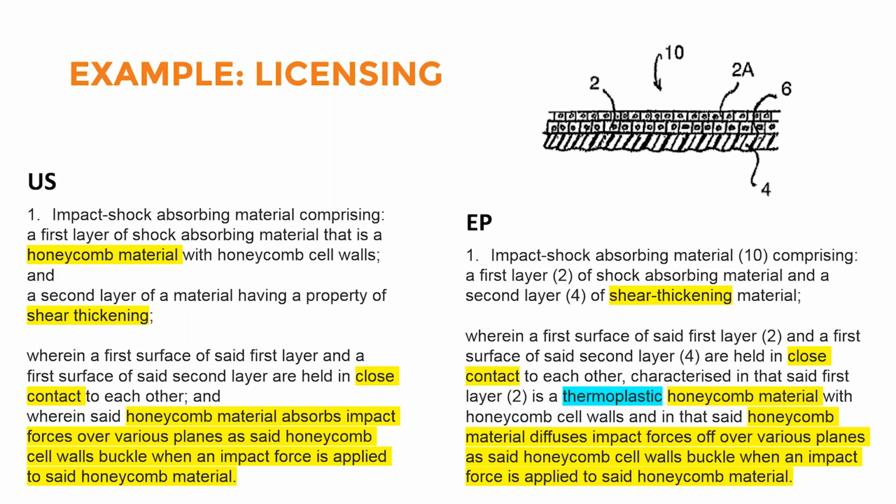So I take a look, read the US patent. All right, yep, I've got honeycomb material. I use a shear thickening layer, and the rest of it, more or less, looks like what I'm doing, we'll say. And then I take a look at the family. I see, okay, there's a PCT application, there's a European application, maybe a Canadian application, maybe an Australian and a Japanese, for example.